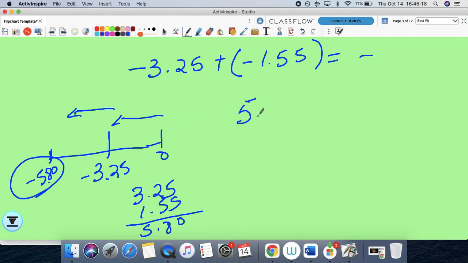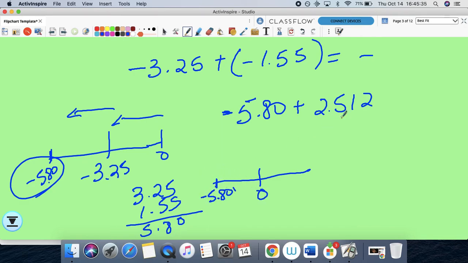So 5.80 negative, and to that I'm going to add a positive number. So now I'm going to go to the right. Here's 0, here's me in debt at $5.80. I'm adding a positive number, which means I'm going that way, so I'm going to be less in debt.